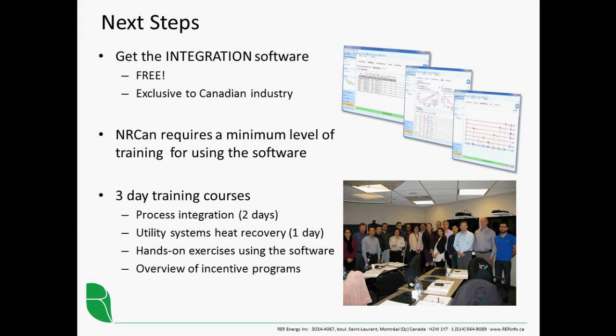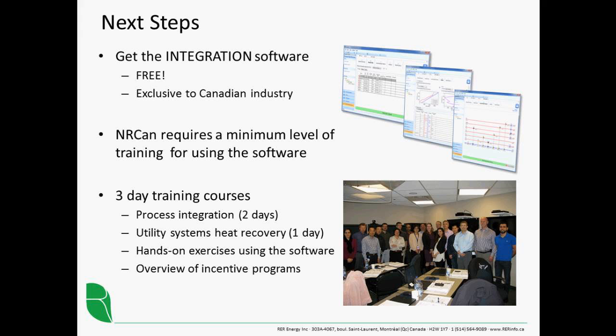Their only requirement is that they want the software to be used intelligently, because any software, if used in a foolish way, will generate foolish results. So they're requiring a minimum level of training for using the software, and that's a 3-day training course. In the past, when we've given these courses, it's been 2 days focused on the process integration and 1 day on utility systems heat recovery.